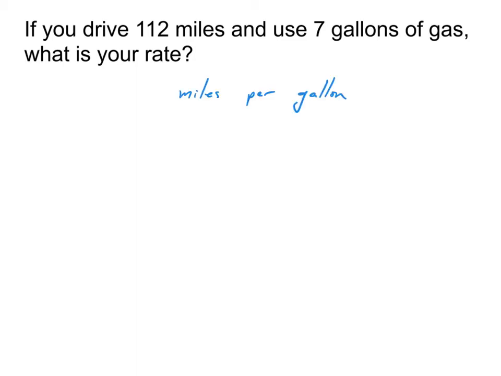Since I'm looking for miles per gallon, I'm going to do the miles divided by the gallons, so 112 divided by 7. When we do that, we end up getting 16. Therefore, our answer is 16 miles per gallon.